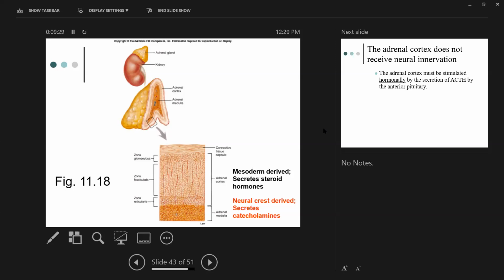Okay, you with me so far? All right, now, many steps later, this pregnenolone gets converted to progesterone in both males and females, and then will get converted into a hormone called aldosterone.